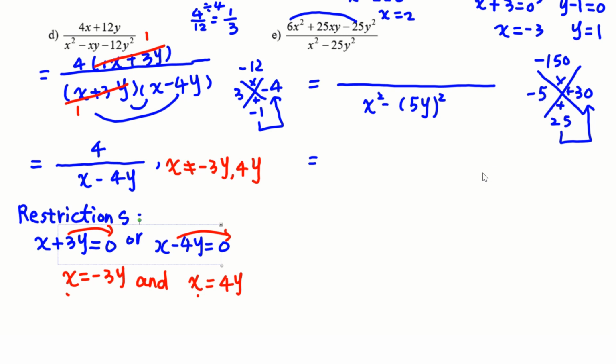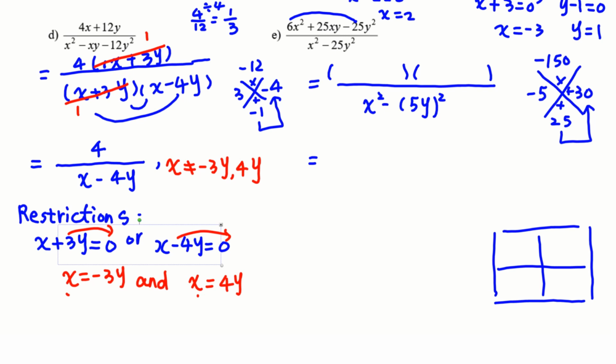Then after that, we are not able to put negative 5 and 30 in the bracket right away. We need to see, we could use the box method or you could use the grouping method. So I show you the box method first.